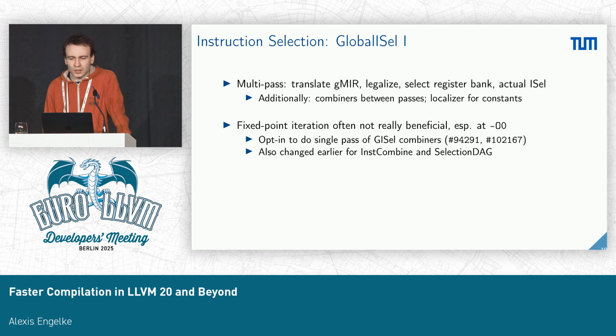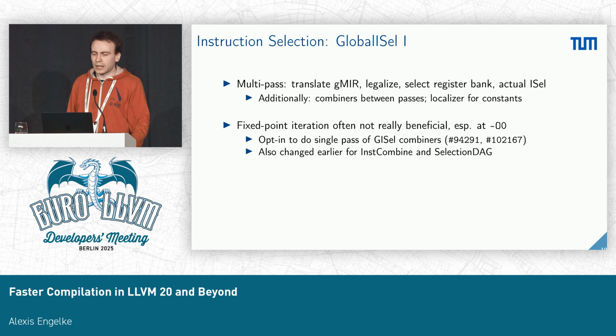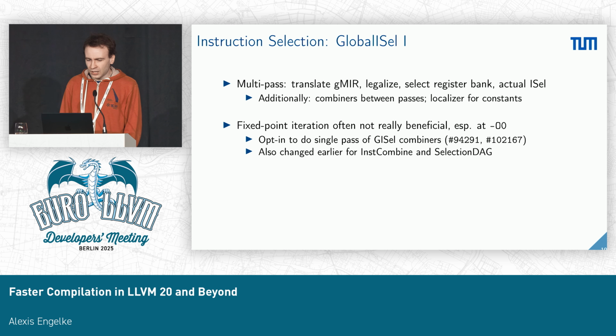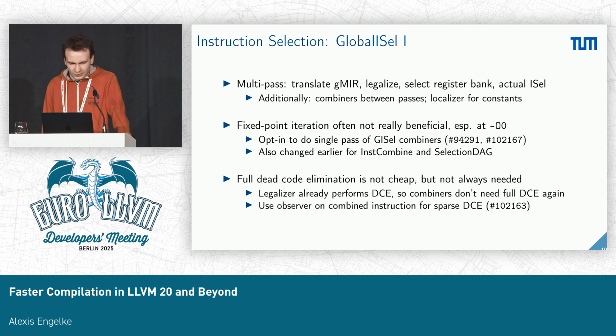The first observation was that fixed point iteration is often not really beneficial, especially at O0. So an opt-in flag was added to do only a single pass of GlobalISel combiners instead of the fixed point iteration. This is also in line with somewhat similar earlier changes for InstCombine and SelectionDAG, where the fixed point iteration was also dropped.